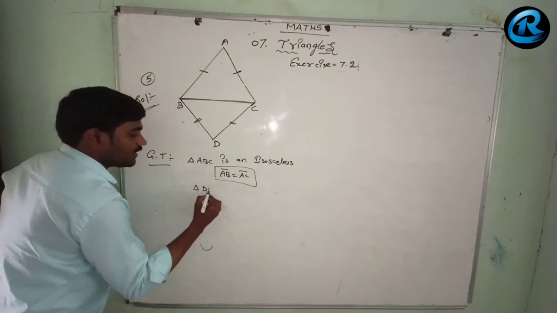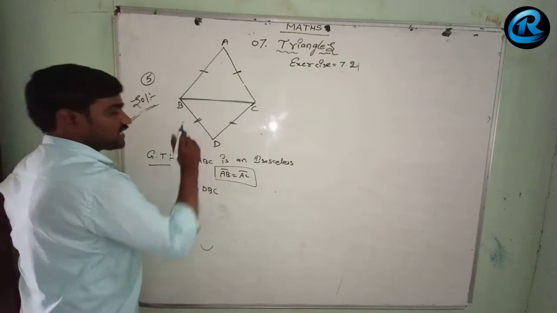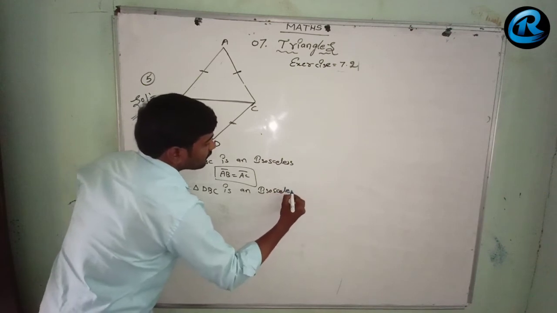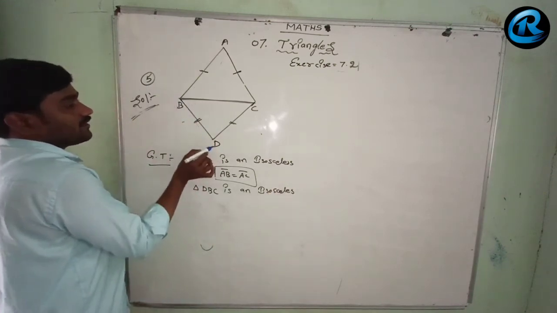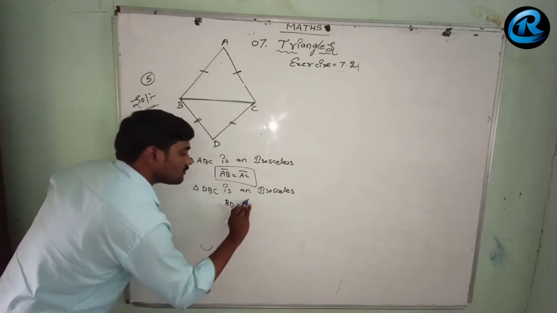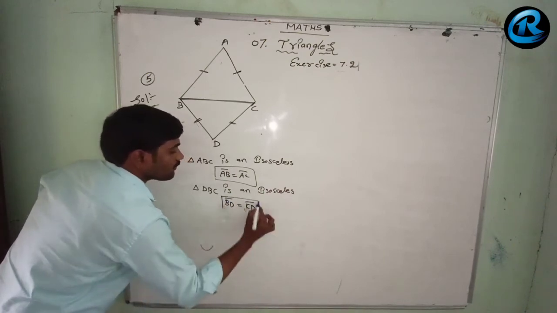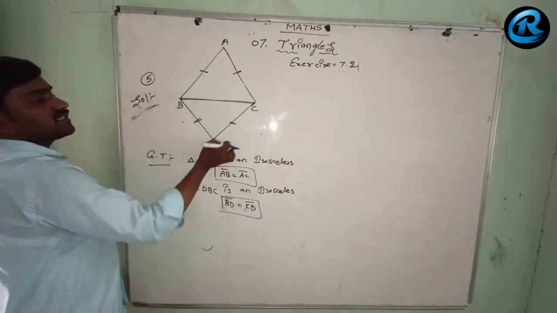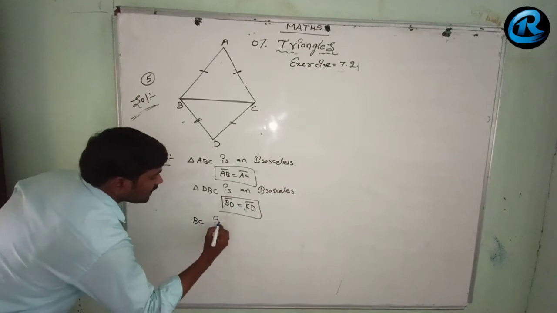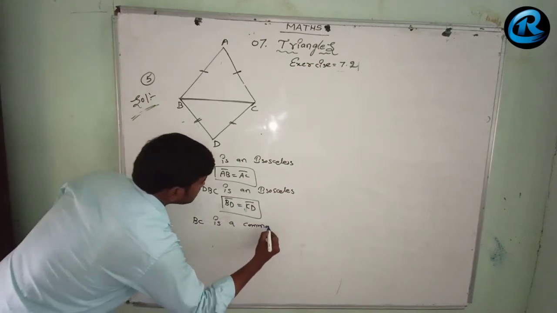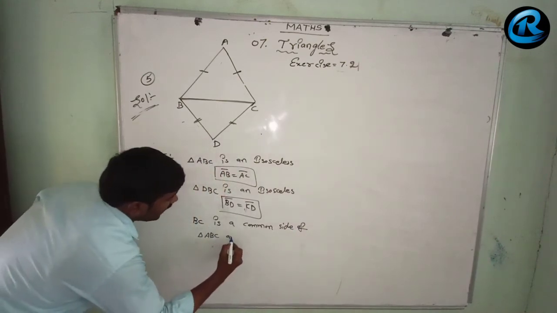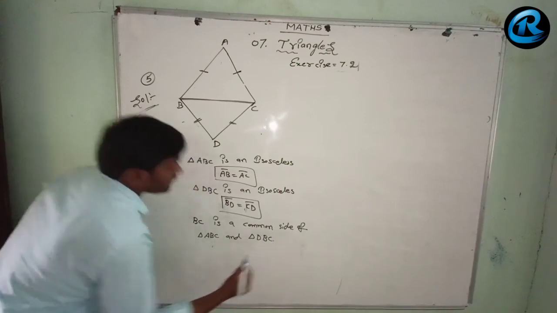And triangle DBC is also an isosceles triangle. Here BD equal to CD, this we can observe. BC is a common side of triangle ABC and triangle DBC.